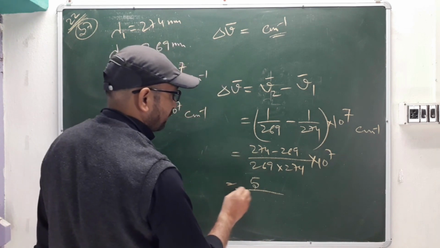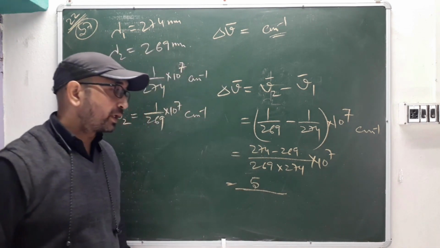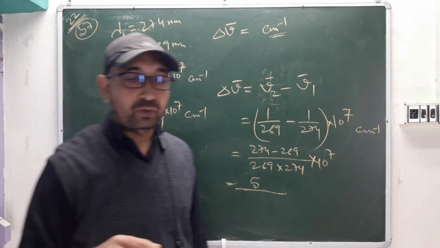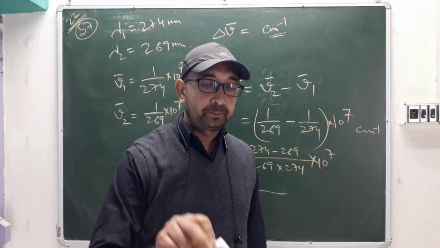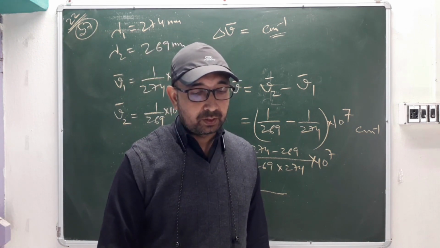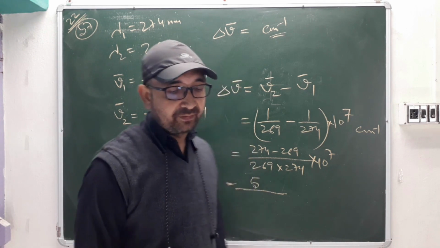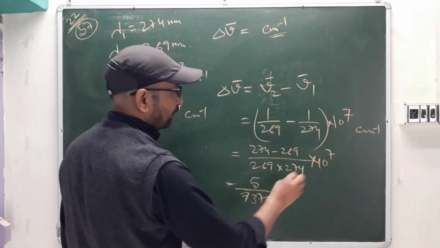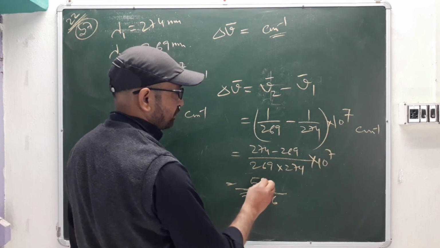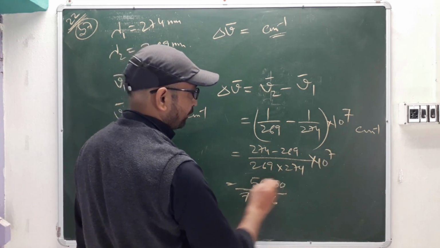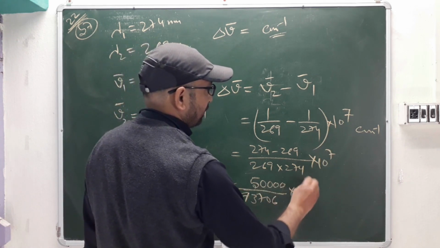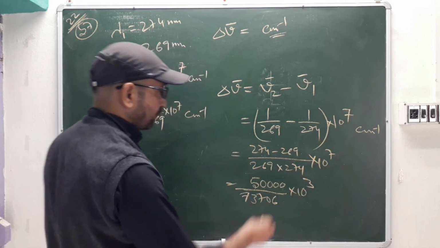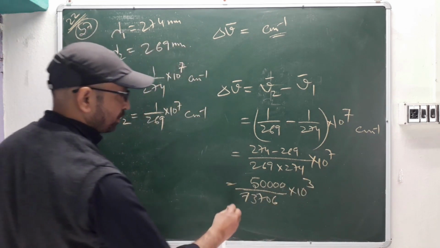Now 5 divided by 269 into 274. I just calculated it: how much is it coming? It will be 73706. From this you take 4 zeros out, so it will be 10 to the power 3.